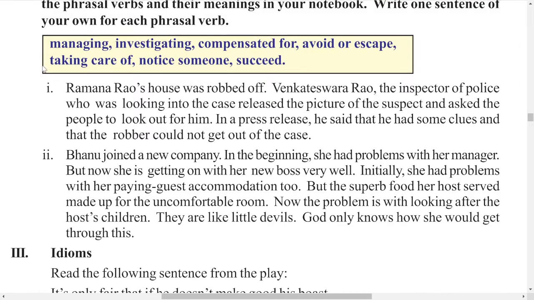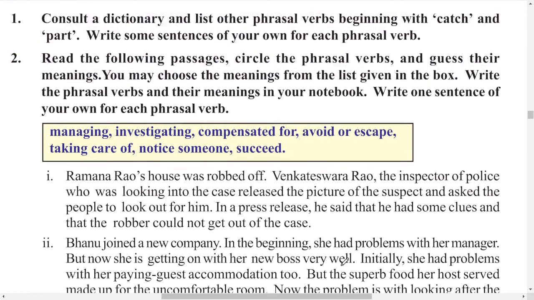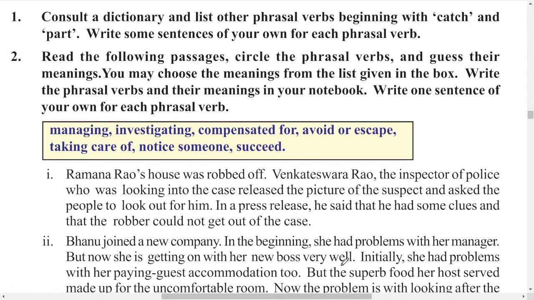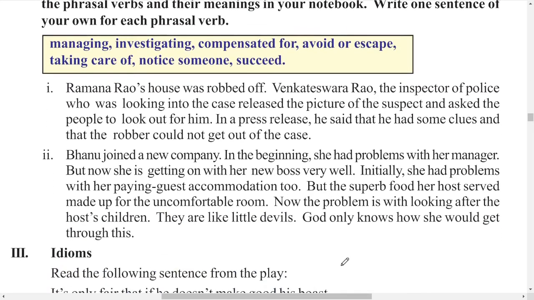Okay, now look at this. Ramarao's house was robbed of. What do you mean by robbed of here? Do we have all the meanings? No, we don't have, I think.